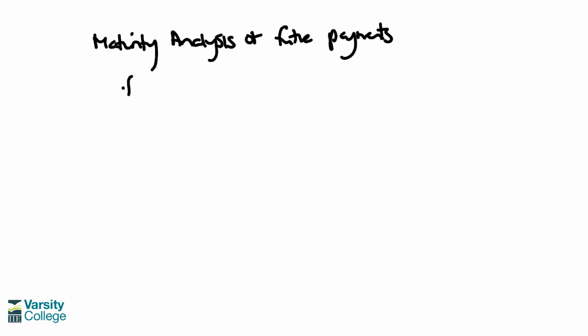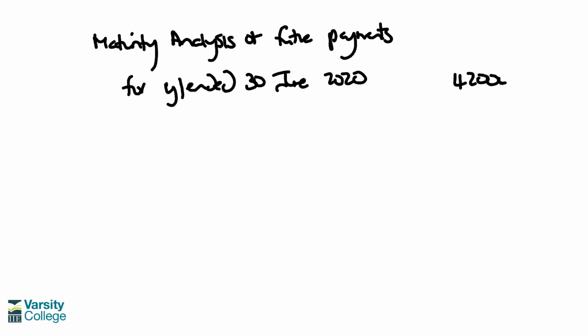So for the year ended 30 June 2020, that will be the payment that we're going to make on 1 July, 420,000. Then for the year ended 30 June 2021, we've got another 420,000.